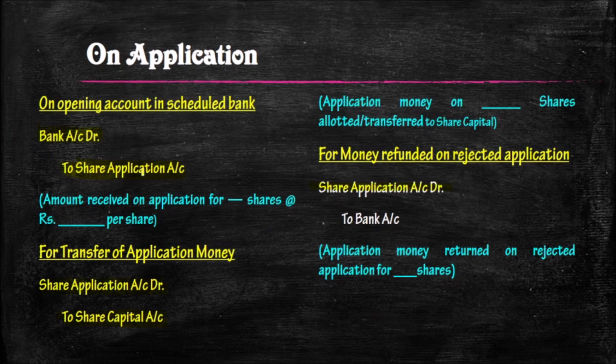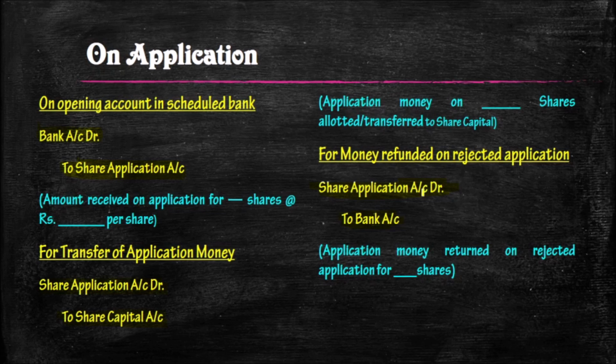There, bank account attached to share application. Here it is share application account attached to bank. That is related to excess application money rejected and refunded or returned. And remember, this entry is applicable only at the time of oversubscription of shares by the public.